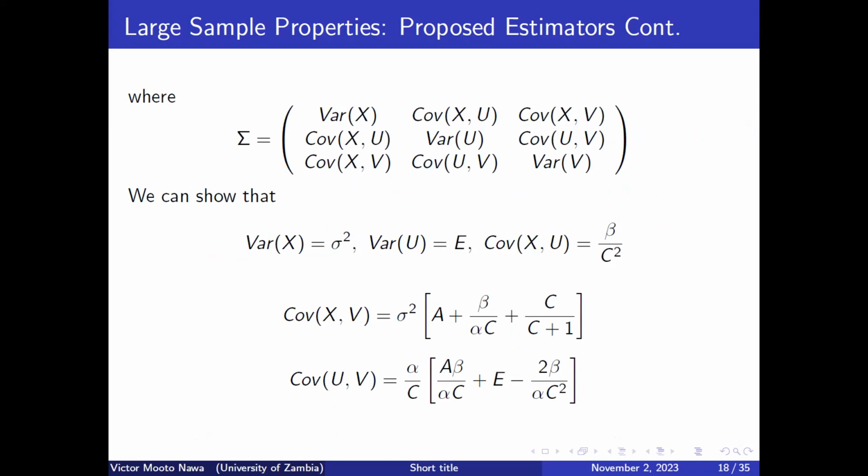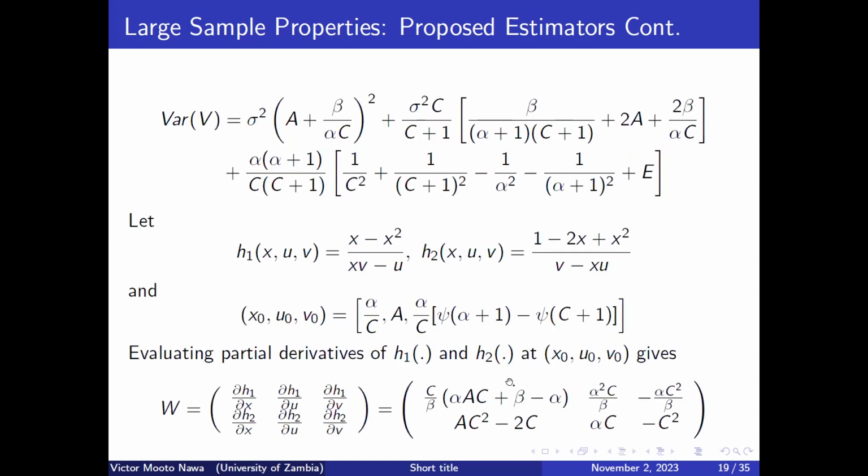We note that the variance of x remains unchanged. The variance of u here is E. The covariance of x and v is some function of A. The covariance of u and v is some function of A and E. And the variance of v is a function of A and E.